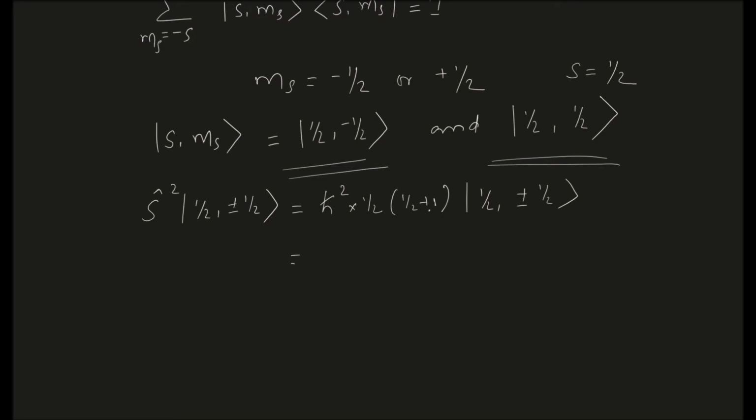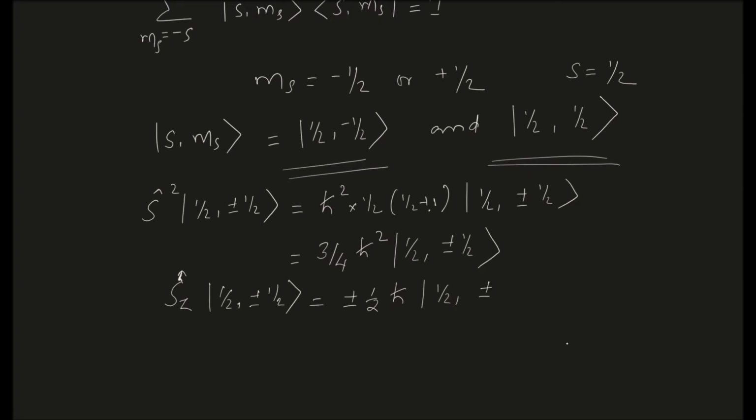So this gives 3 by 4 h cross square times the state half plus or minus half. Similarly, for the z component of the spin angular momentum, we can write Sz acting on half plus or minus half is given by plus or minus half h cross times half plus or minus half.